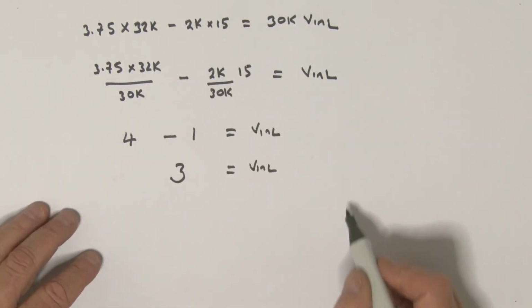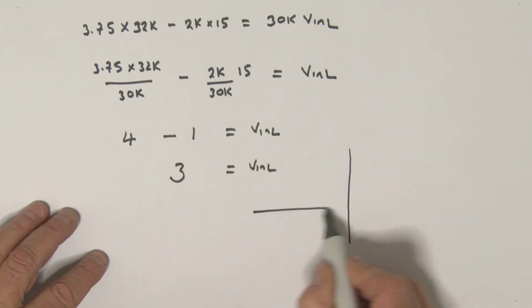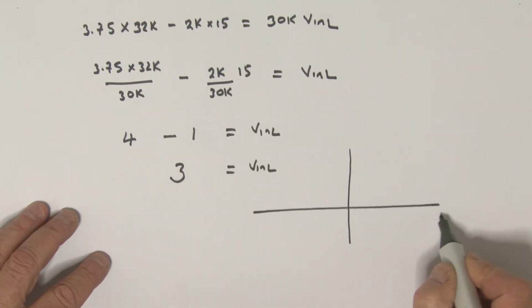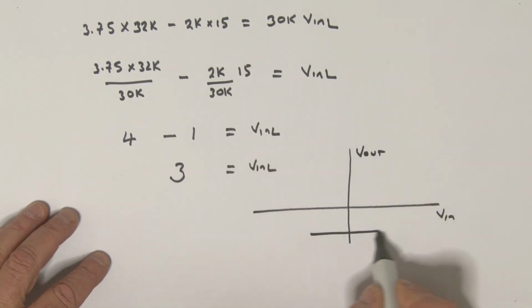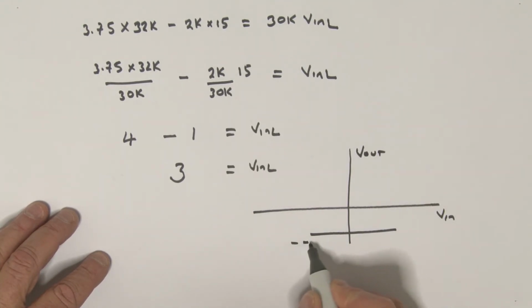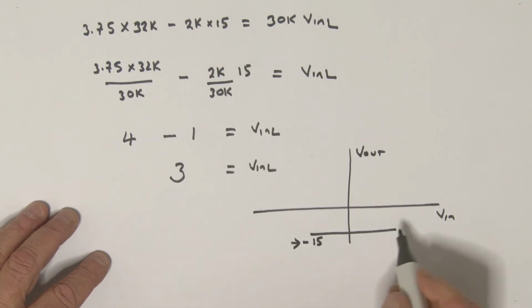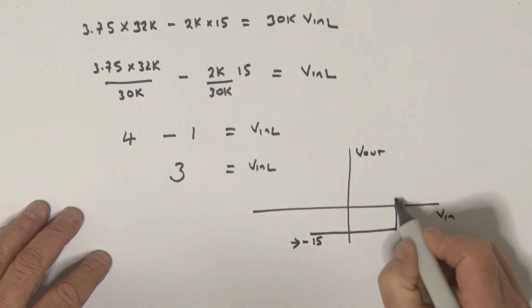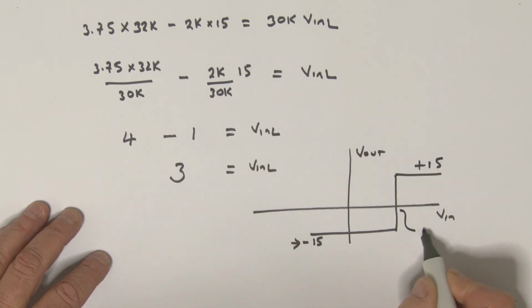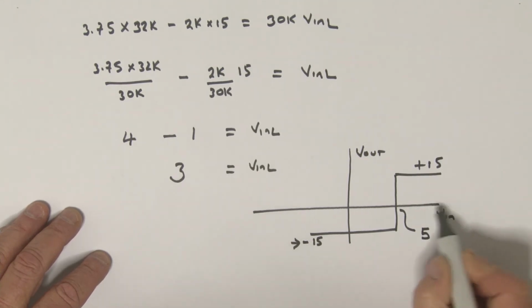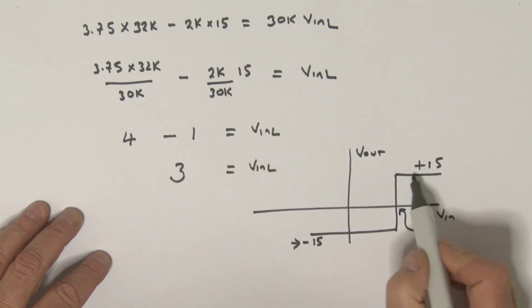And so really what we're seeing then, if I can plot this just over here, this is my V in, this is my V out. We saw that we came from a minus 15 here, so that's a minus 15. We switched to plus 15 when V in had reached 5 volts.